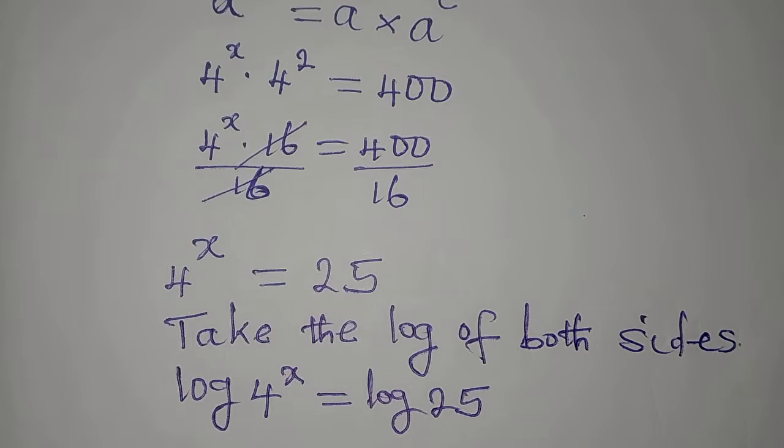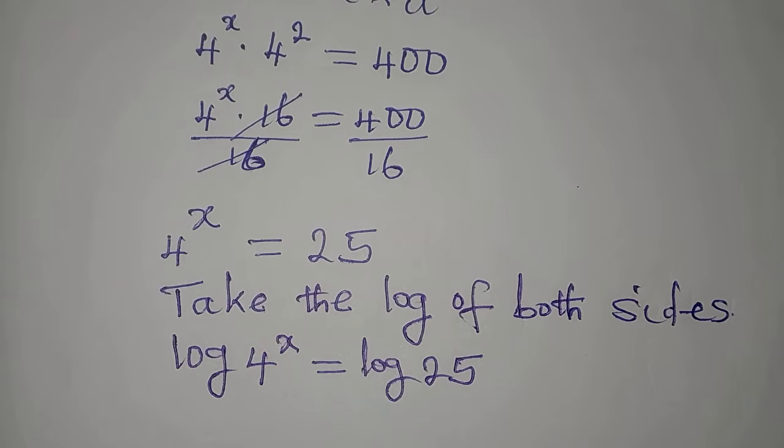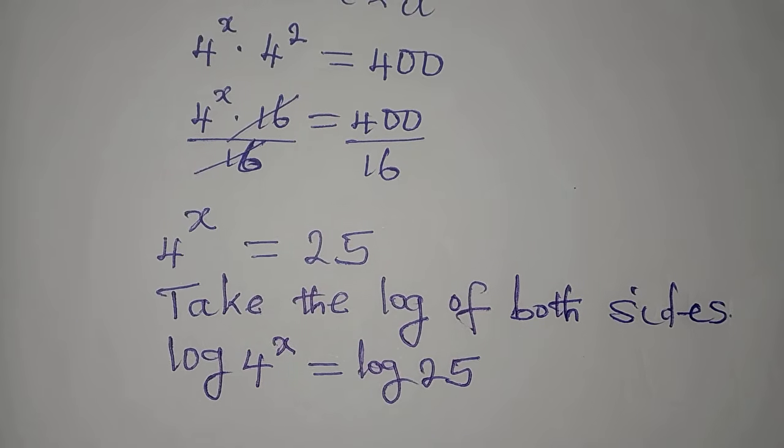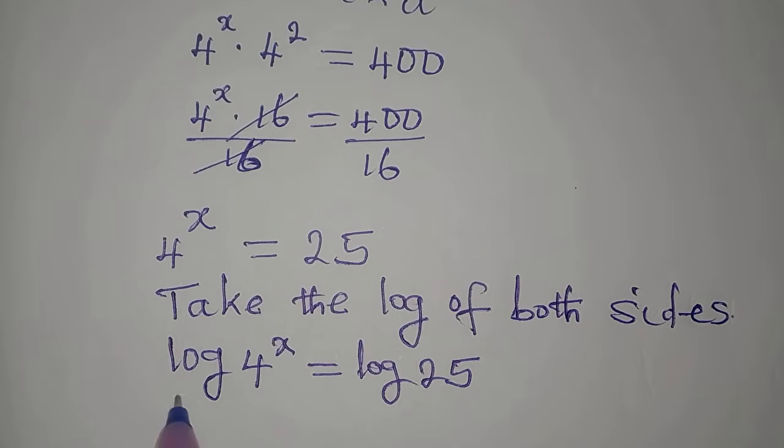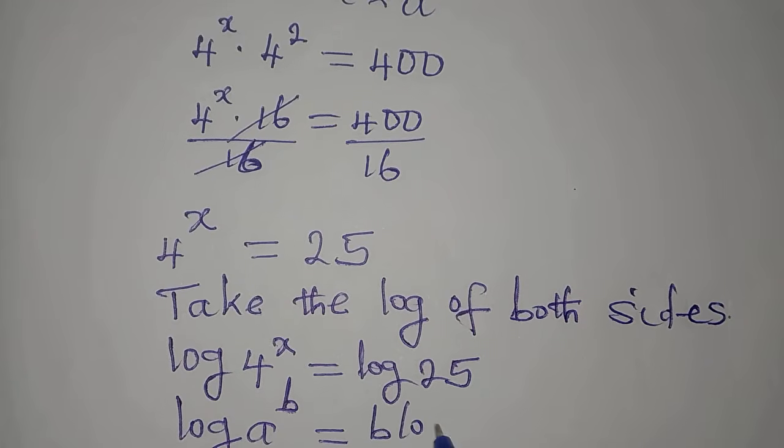And again, one thing you should note is that as long as the power is unknown, you can't get its value if you do not bring it down. So we are going to bring this power down as we obey this law: log a to the power of b is equal to b log a.